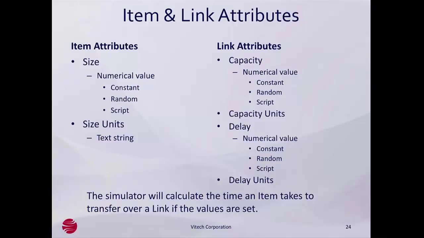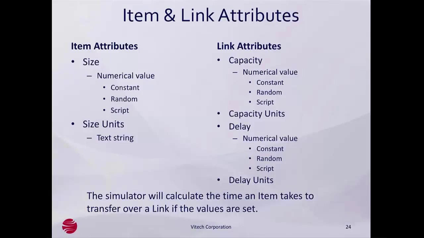The item attribute size holds the size of the data that a connection will transfer. The units of the size attribute can be recorded in the size units attribute. The link attribute capacity holds the value representing the bandwidth of the connection that the link represents.